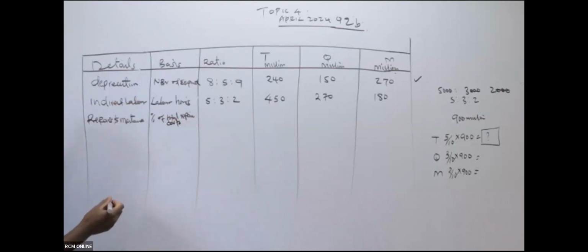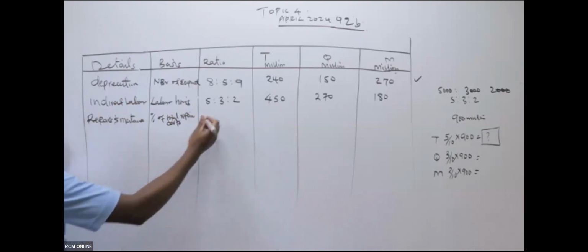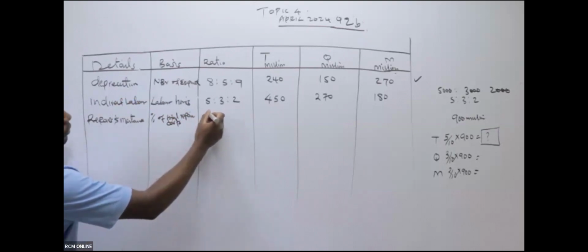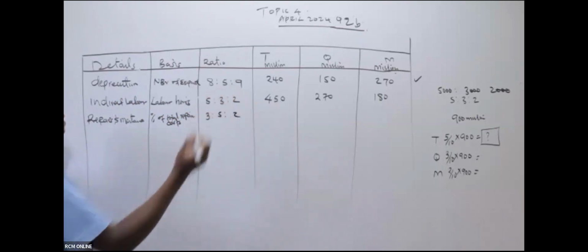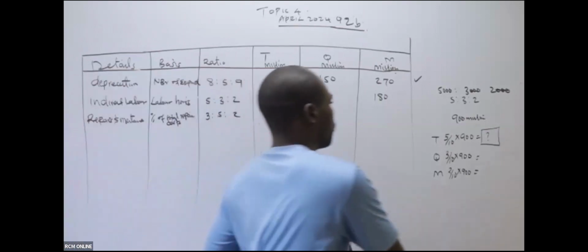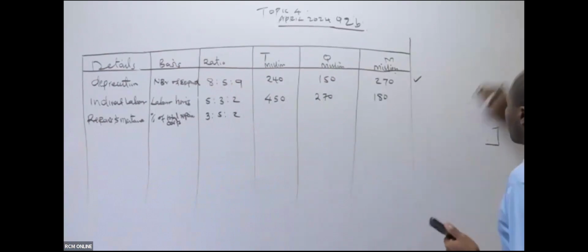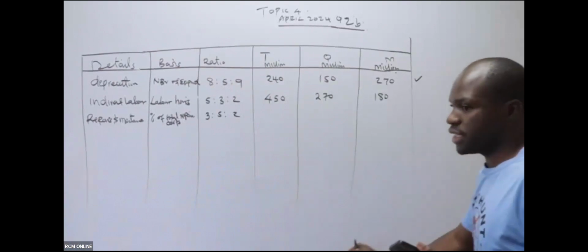They are telling us it's supposed to be done with the ratio, with the proportion of 30, 50, 20, right? So that is 3 to 5 to 2. So we want to apportion that based on the percentage that has been given there.